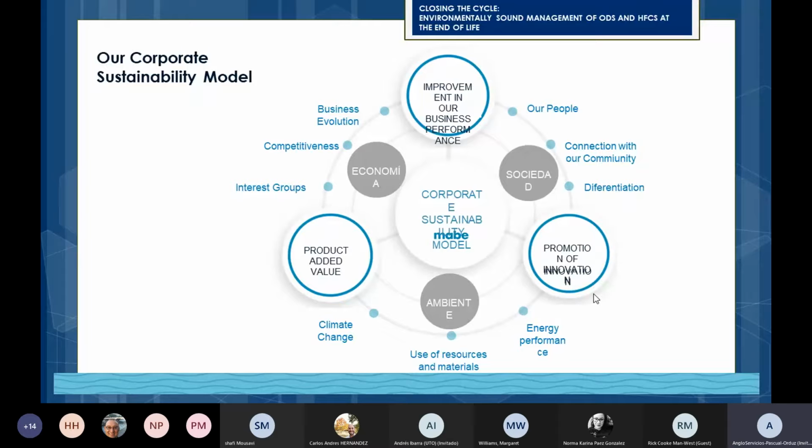We want to impact three aspects of sustainability: first, the economy, society, and the environment. Always seeking to improve the performance of our company and enhancing innovation while adding value to our products. Next one, please.